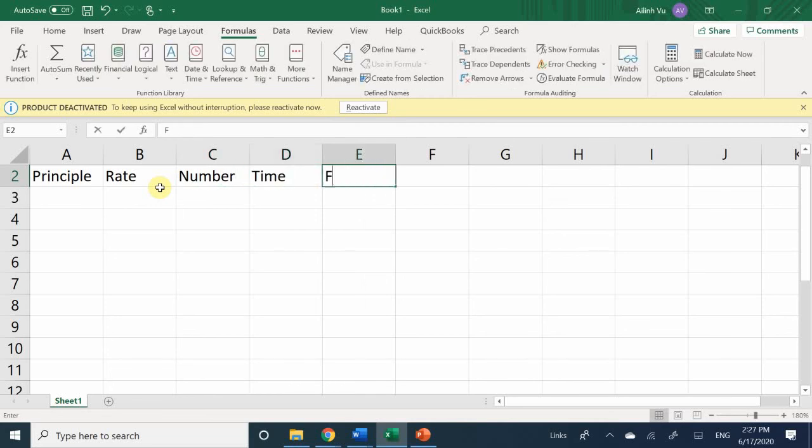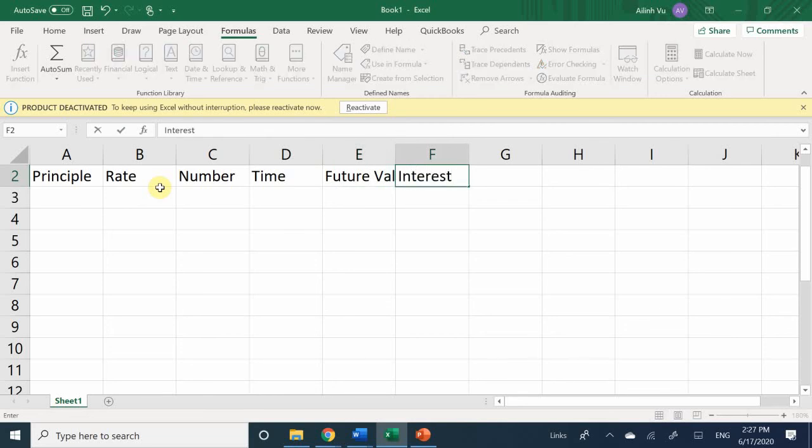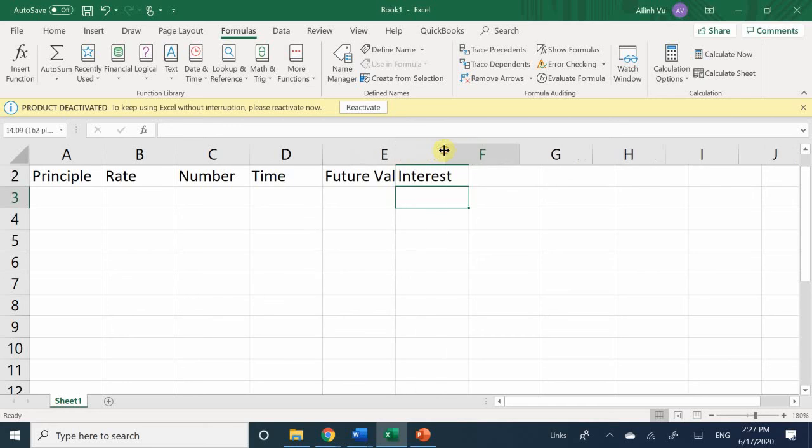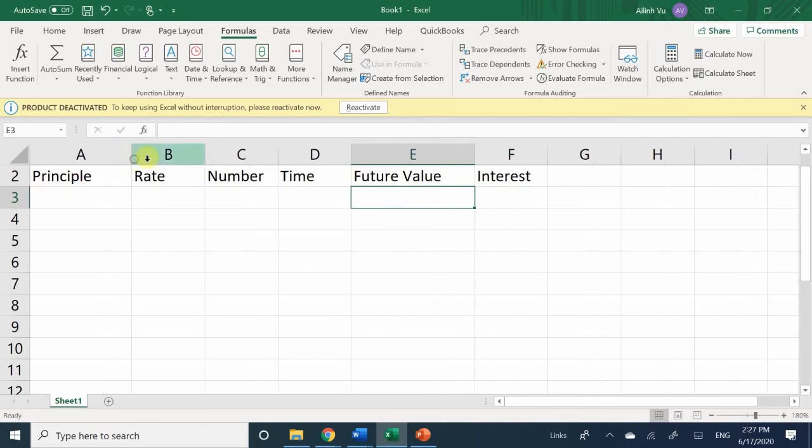And I need to solve for future value and interest. If you have Excel, you may follow along. But if you don't, that is fine. This is going to be difficult to calculate on your own calculator.